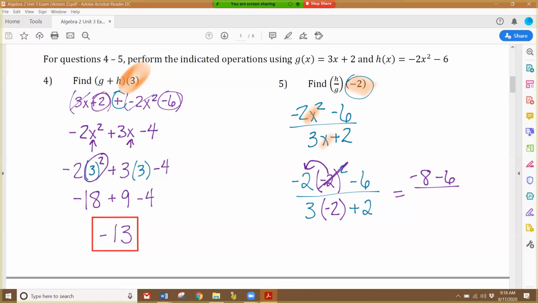And then for the denominator, we're going to take 3 times -2 to get -6 plus 2. Now we're going to work our way across the top. -8 minus 6 is -14, divided by -6 plus 2, which is -4.